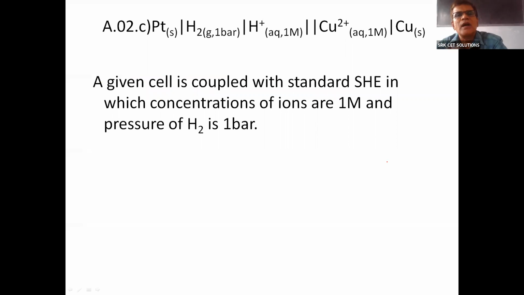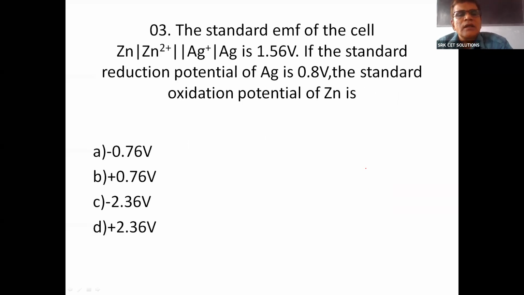Yes, it is option C. A given cell is coupled with a standard hydrogen electrode in which concentrations of ions are 1 molar and pressure of hydrogen is 1 bar.